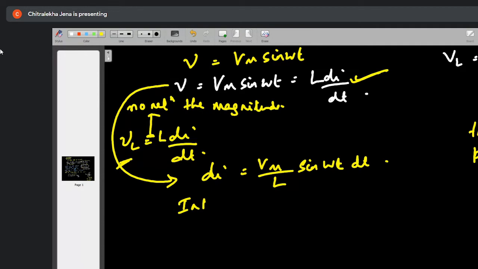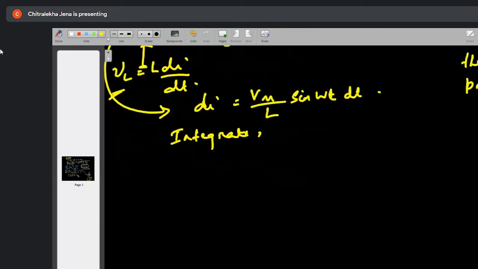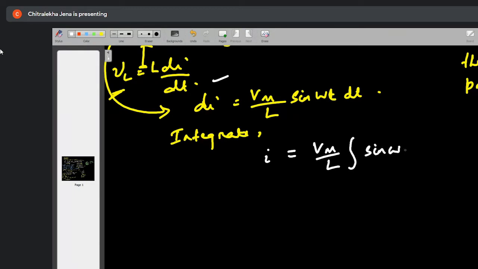So now we will integrate. What we will get? Integration of di will be equal to I, that will be Vm divided by L, this is constant, integration of sin omega t dt. Any doubt up to this?